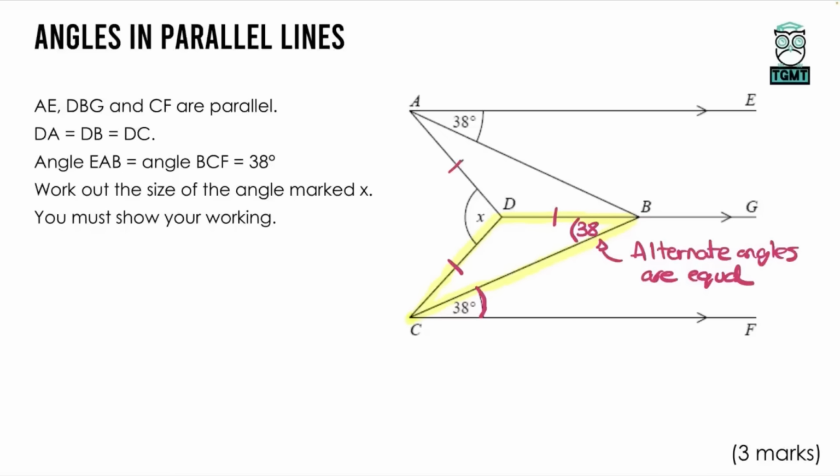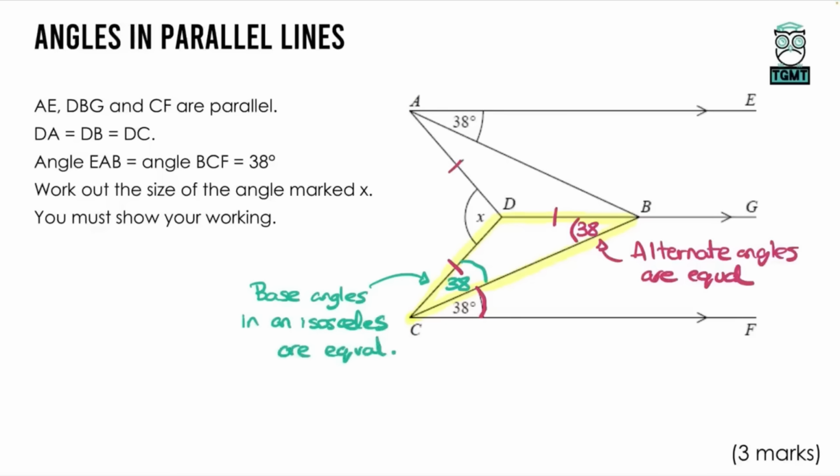On an isosceles triangle, base angles are equal, so this here is 38 as well. And although we're not giving the reason, we have base angles in an isosceles are equal. And that comes up quite a lot. So there we go, base angles in an isosceles are equal.